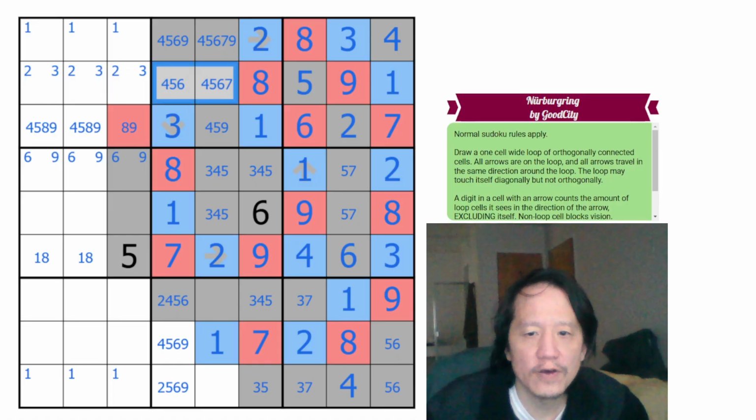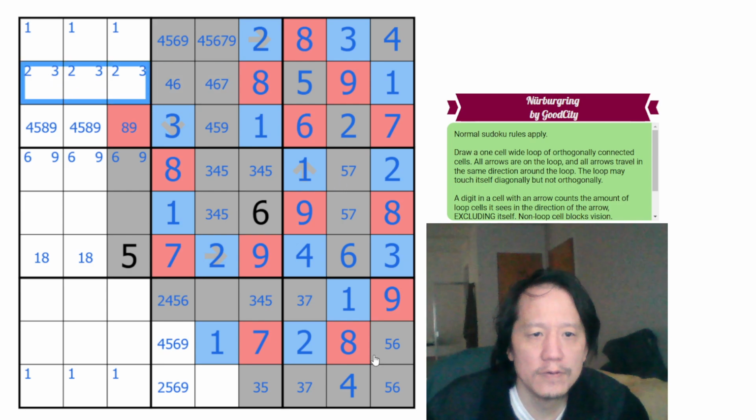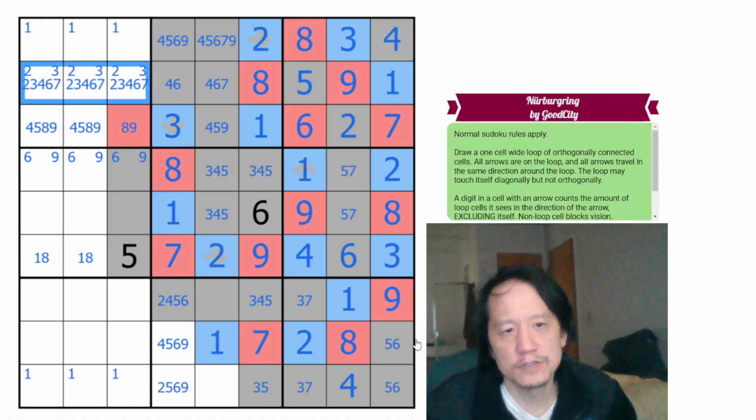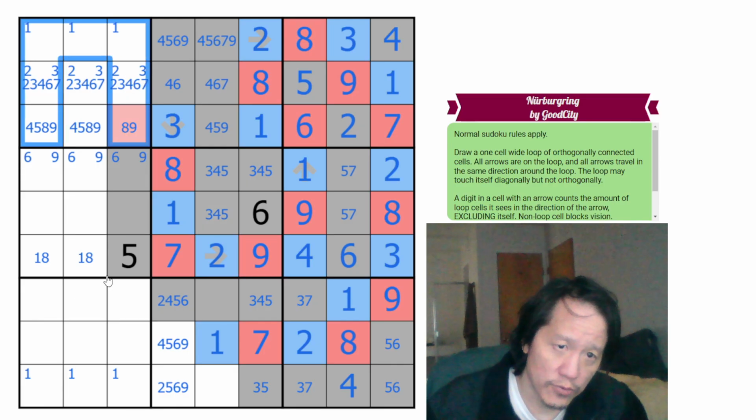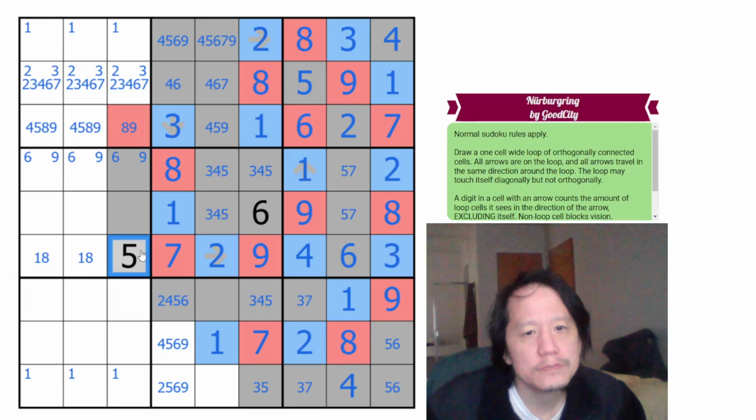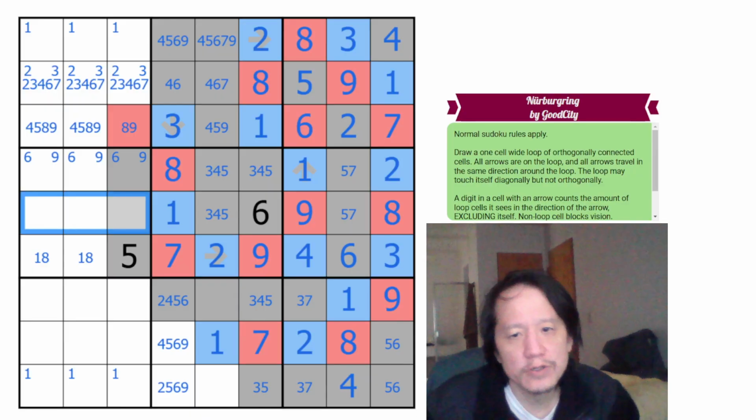These can't be 5. So this is 2, 3, 4, 6, and 7. Technically, it could go around here. Probably not, though, but the 2 has to be here.